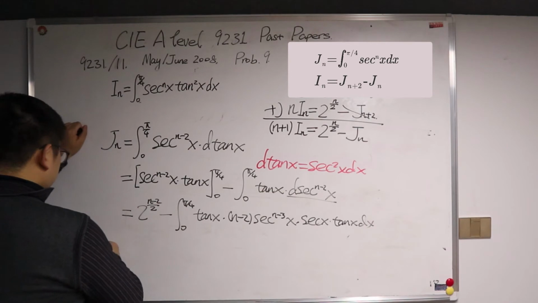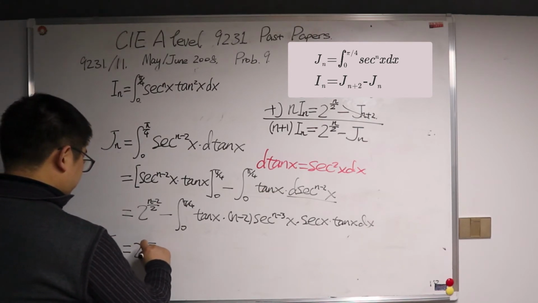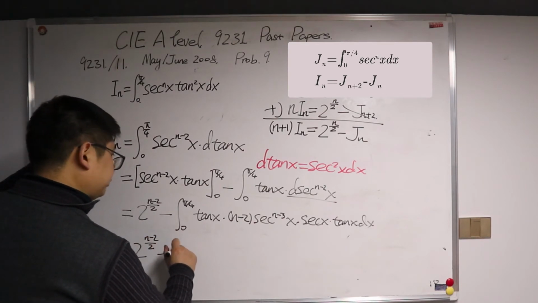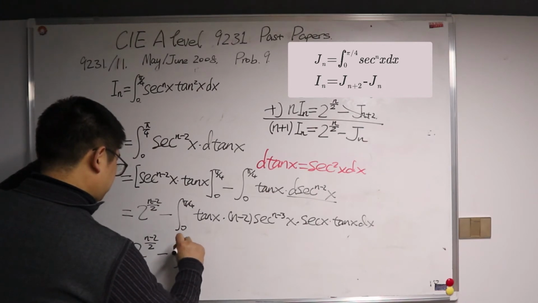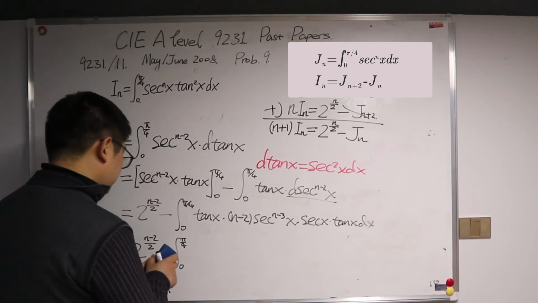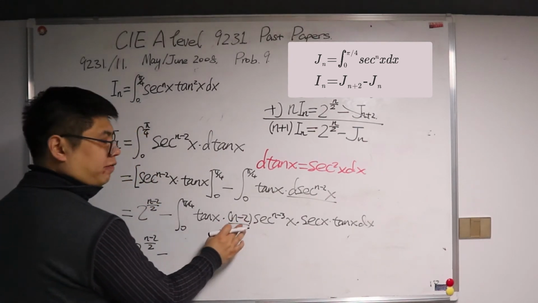Okay, so finally we got Jn equals to, let's see, I want to shift this factor out.